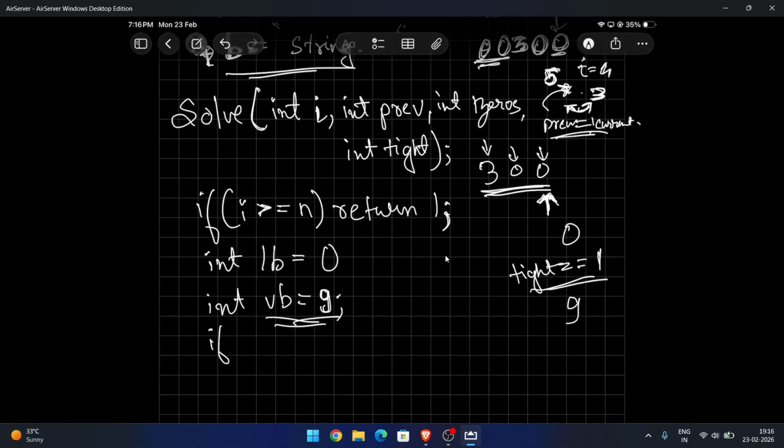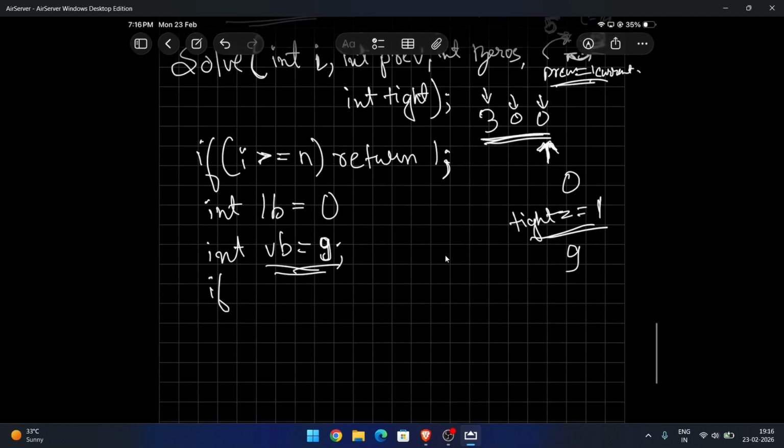That is, we are in a tight position because now we can't put anything freely. So if we are tight, we would change our upper bound based on the index. Let's say the string was s. So whatever digit is in s of i minus 0. Now we are bound by this.